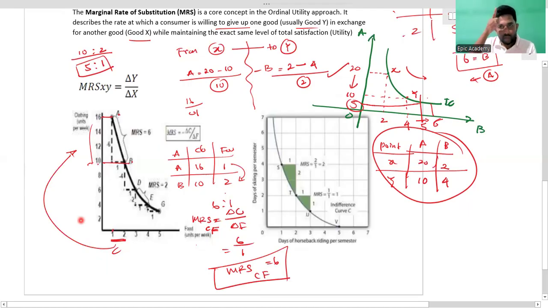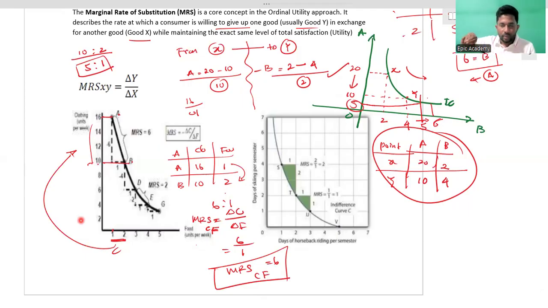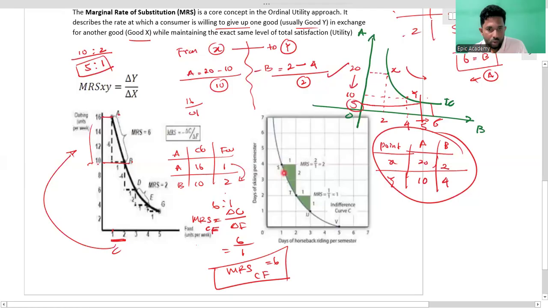That's the meaning of marginal rate of substitution. The indifference curve is always convex to the origin. How can you calculate the slope value? As an example, take the A point and B point values, and divide one value by the other to get the slope.